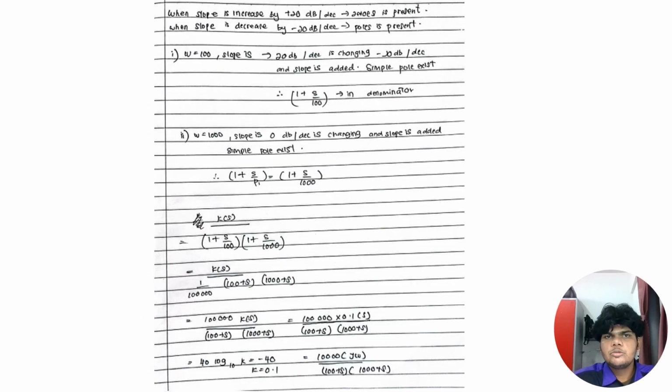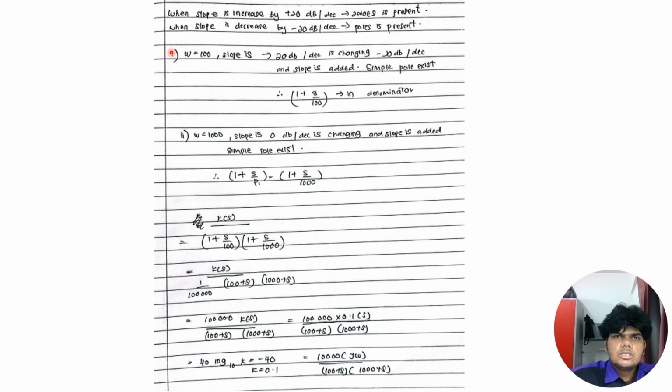So continuing to the next part. As you can see the slope, there is an increase by plus 20 dB per decade and also a decrease by negative 20 dB per decade. The positive 20 dB per decade consists of zeros, and the negative 20 dB per decade consists of poles, which these two zeros and poles are presented in the graph.